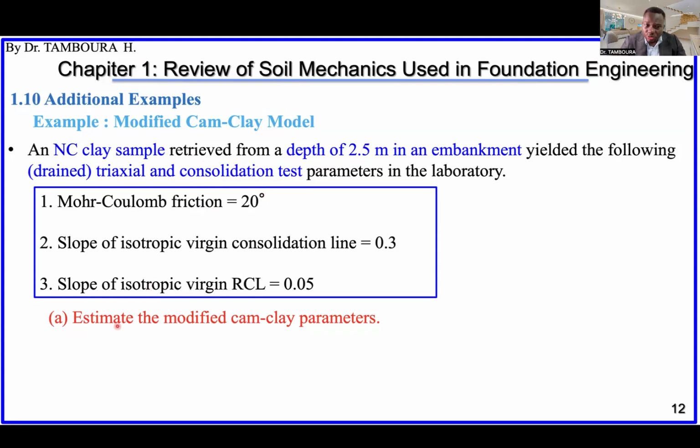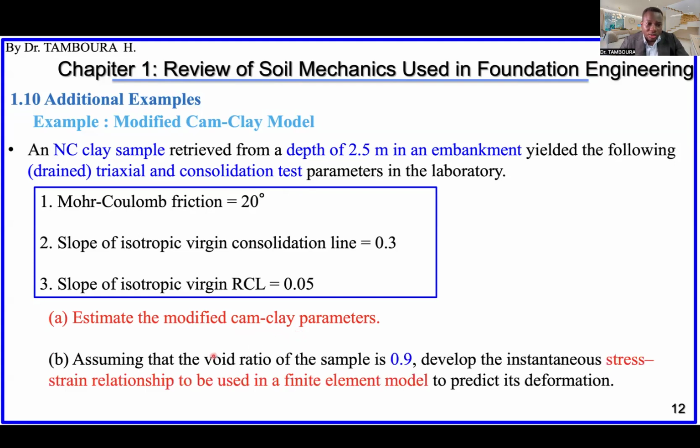So in that case, we have to estimate the modified Cam clay model parameters. Okay, we have to calculate them, estimate them. And then the second question, we are asked to, by assuming that the void ratio is 0.9, develop the stress strain relationship to be used in a finite element model.